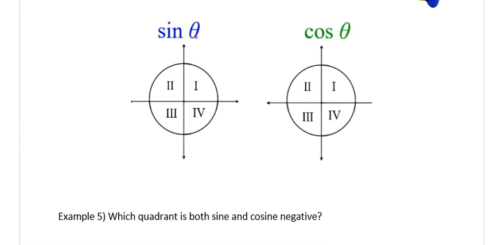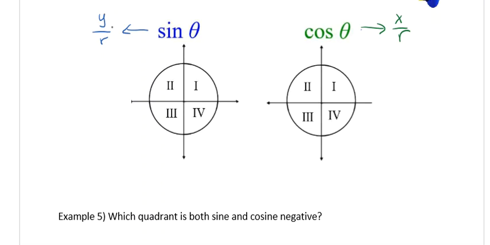So as we're working on this, sine of theta, again, is y over r. And cosine of theta is x over r. We can determine whether sine or cosine is going to be positive or negative based on which quadrant we're in. So since r in both cases is always positive, we're going to look at those numerators to tell if sine is going to be positive or negative.